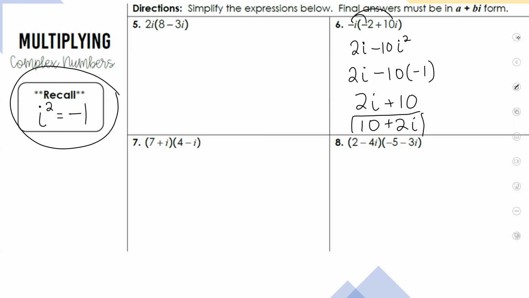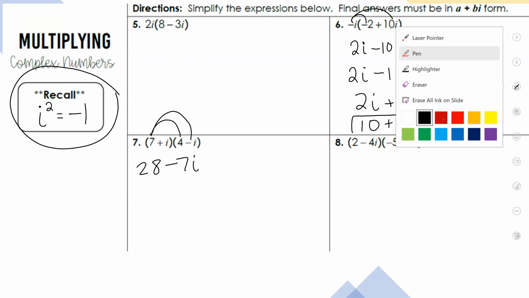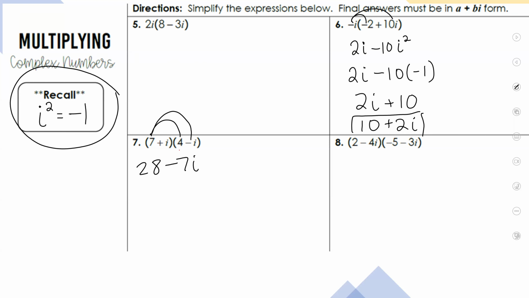All right, I'll do another example with you. I'm going to do one with foiling. So how about I do number 7? 7 times 4 is 28. 7 times negative i is negative 7i. Then we'll do the next part. i times 4 is 4i. i times negative i is negative i squared.